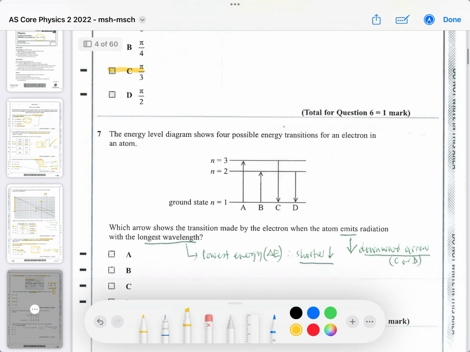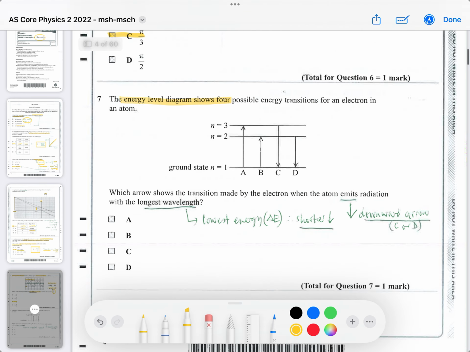Okay. Question 7 shows energy levels for possible energy transitions in an atom. So 2 arrows are going down. Arrows going down are emitting light. So these 2 are emitting light. And arrows going up are absorbing photons. So these are absorbing photons, the green ones, and the yellow ones are emitting them.